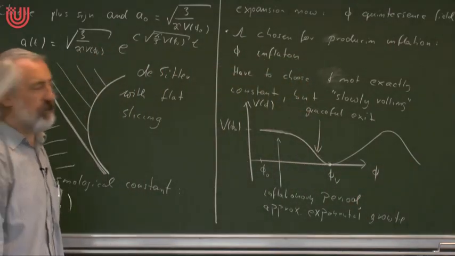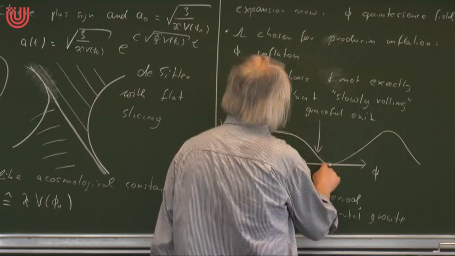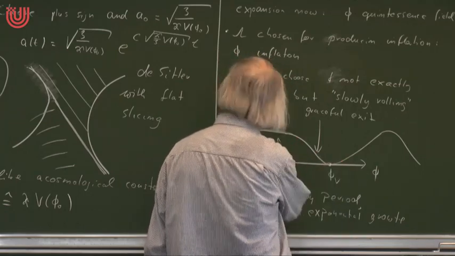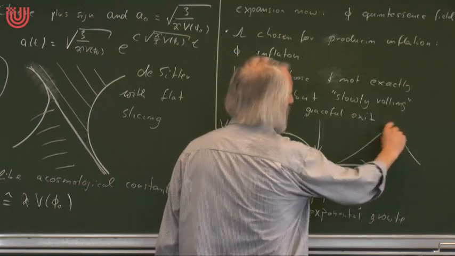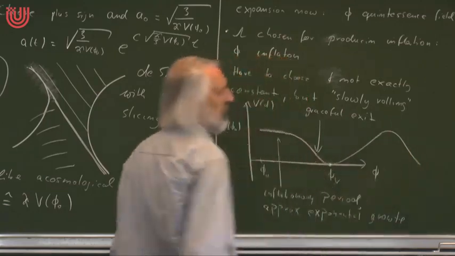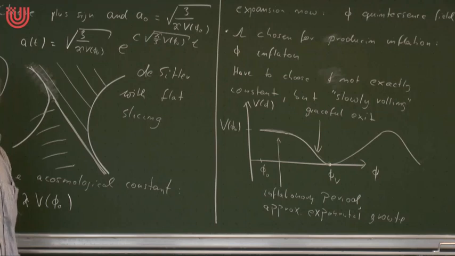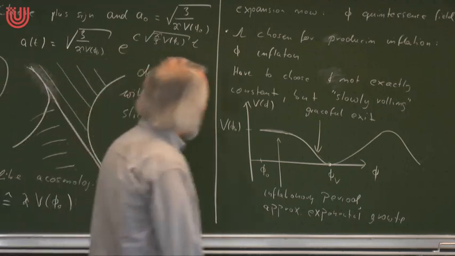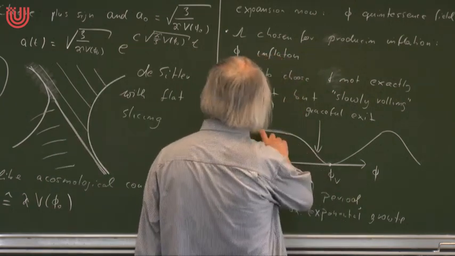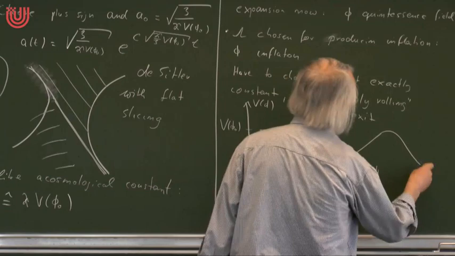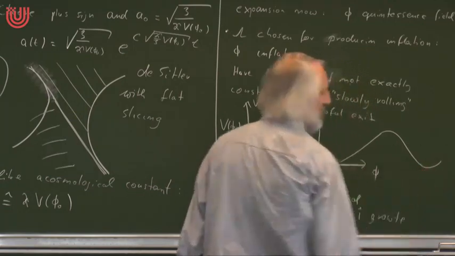You might think of something like that. So then you have inflation, graceful exit, but not precisely with v equals 0. It's actually not the true vacuum state, and then it overshoots and settles down in another minimum, which gives the gravitational constant now. That would be possible. Of course, the drawing is very bad, because this height should be much bigger than the height where the final minimum is.